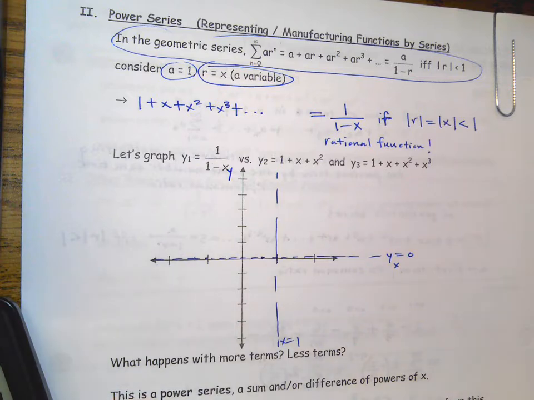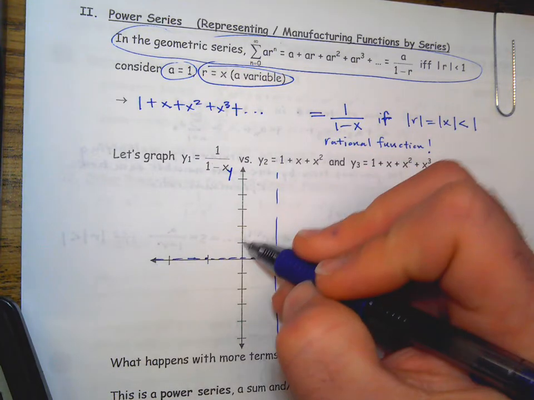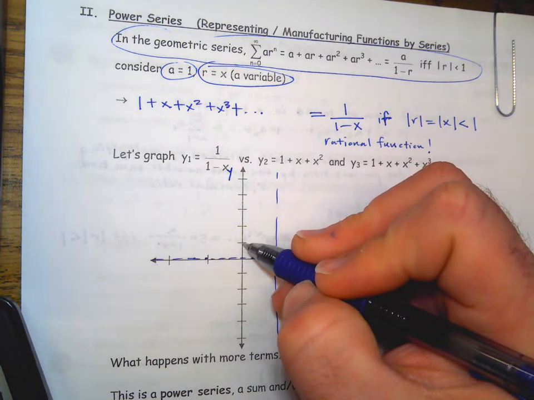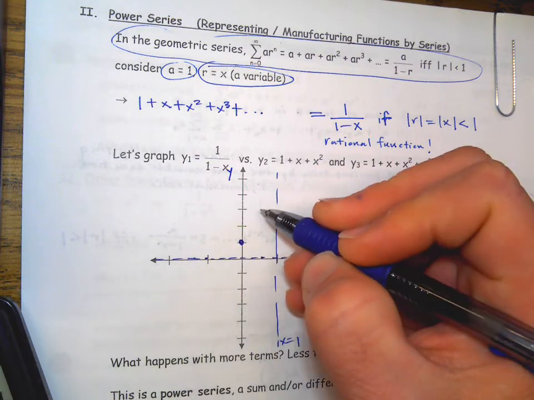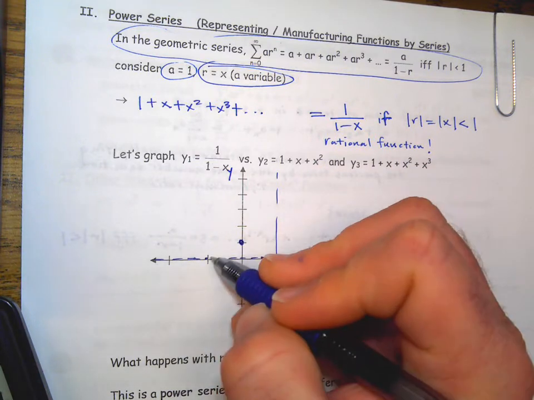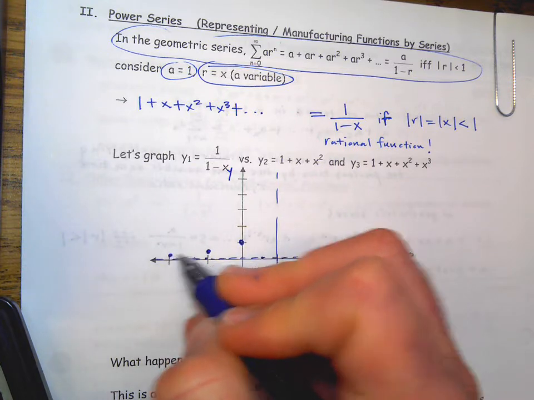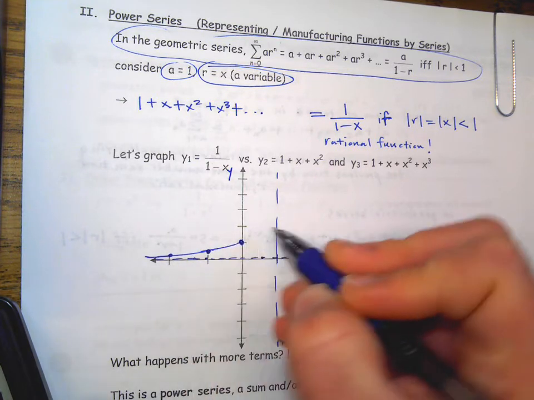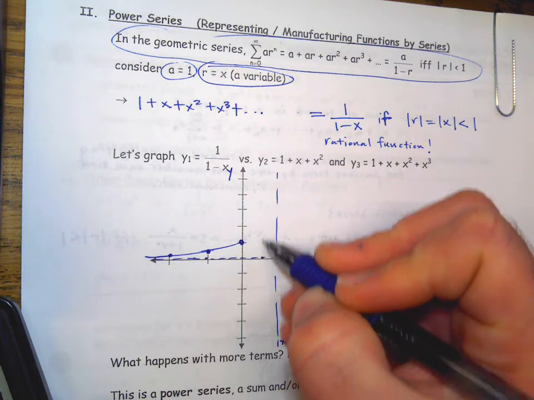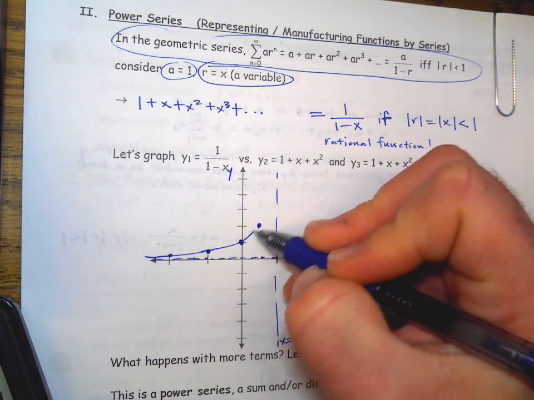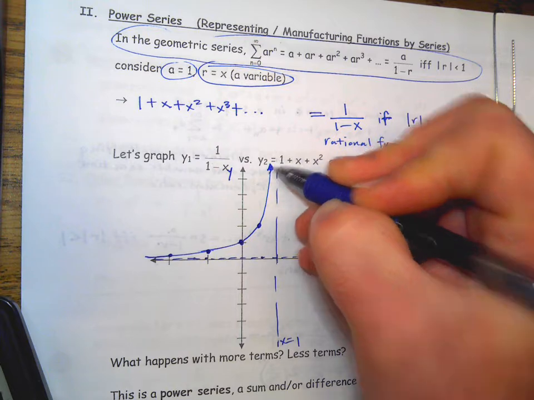Okay, and then the graph looks like this. If you plug in 0, you get 1. If you plug in -1, you get 1/2. Plug in -2, you get 1/3. If you plug in 1/2, you get 2. So this is what that graph looks like.